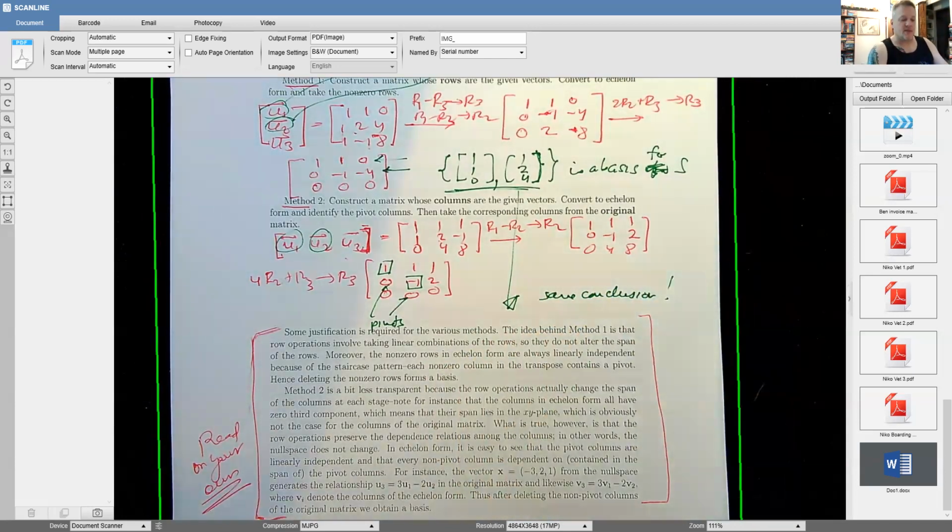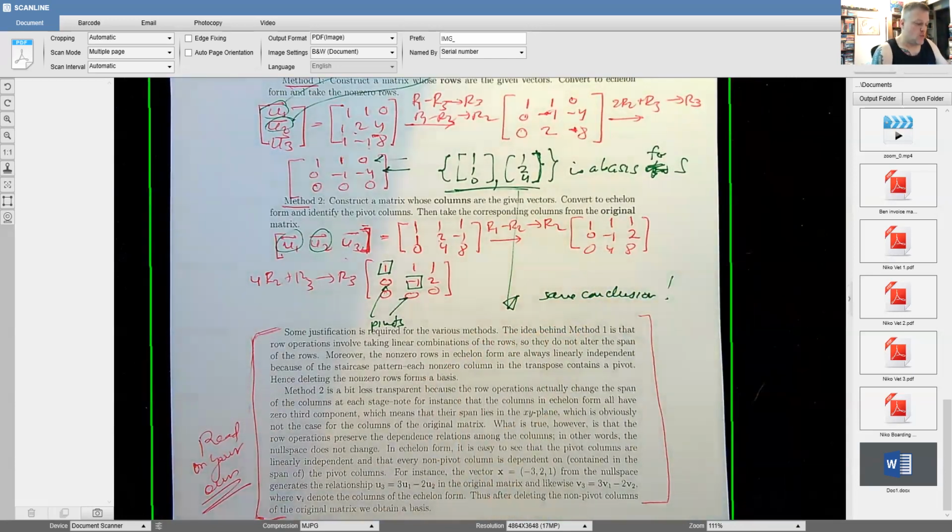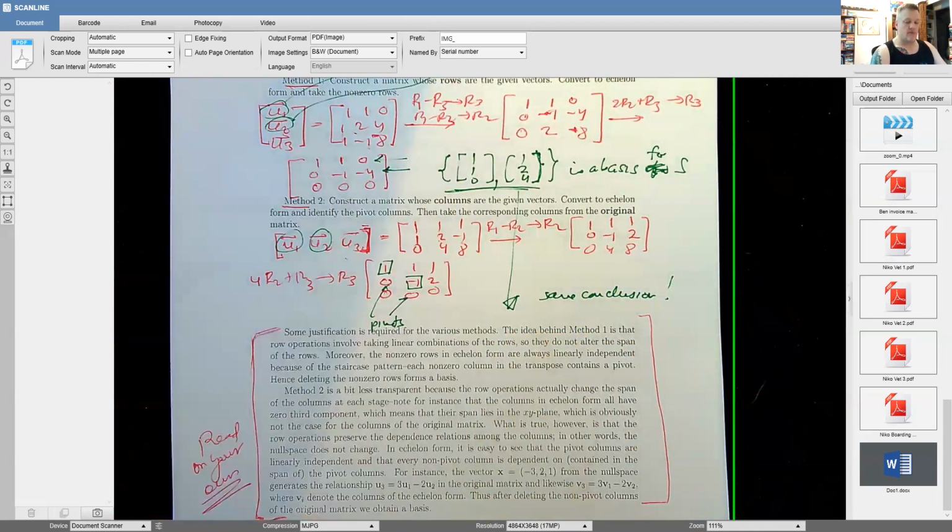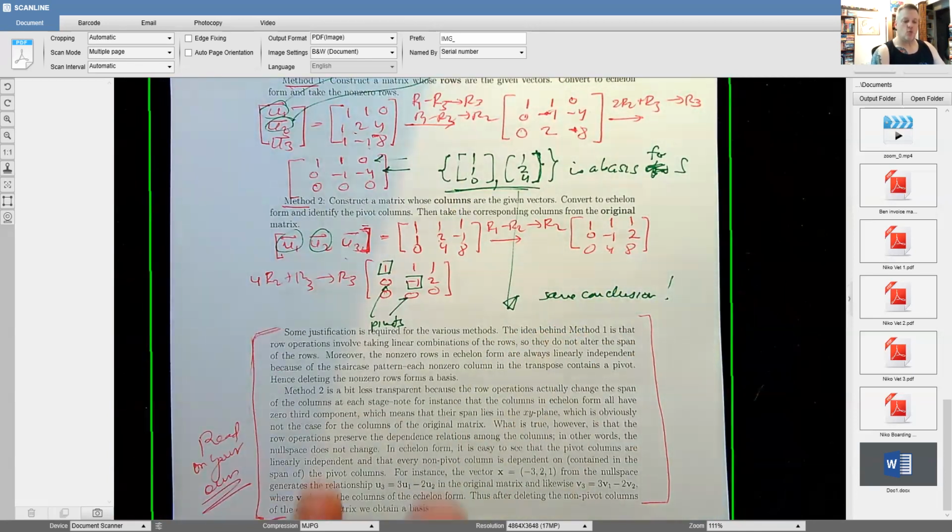Both methods will yield the same result. It just depends on which one you're more comfortable with, I would say. And that'll work no matter what, right? So anytime I have a bunch of vectors and I take their span and I want to find a minimal spanning set, you can go through that process to kind of pluck out which ones you need and which ones are redundant.